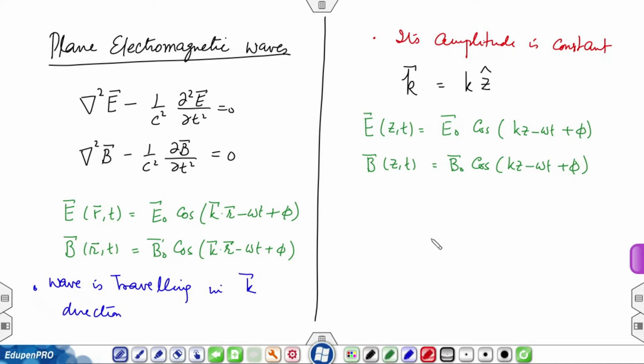So, what is happening is that this wave is traveling in the z direction and there is no dependence of E and B amplitudes on the x and y direction. So, they are constants over this x and y plane.